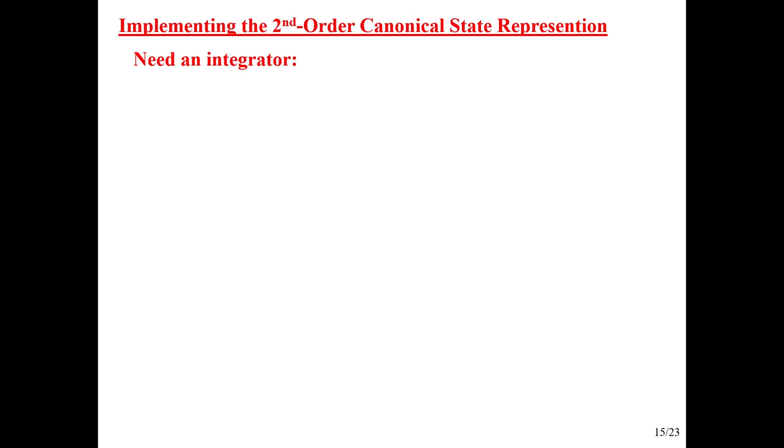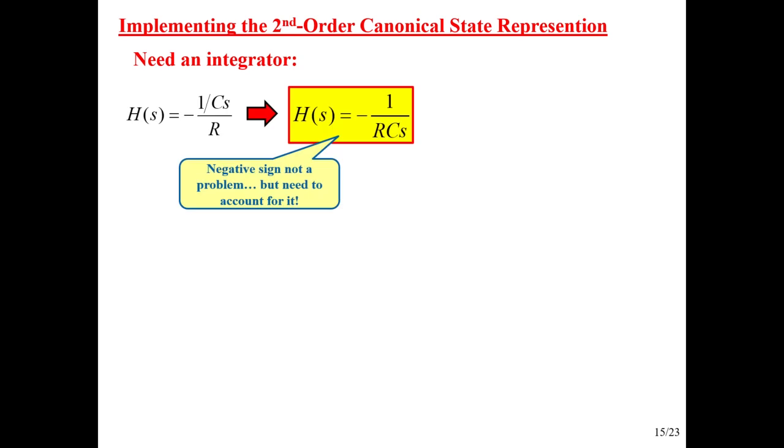So we need to build an integrator. How do we do that? How do we build an electronic circuit that's going to give an output that's the integral of the input, a running integral? That would be something that has a transfer function that's proportional to 1 over S. So if I put a capacitor impedance divided by a resistor impedance, well, remember, that's coming from the gain formula for an op-amp, right?